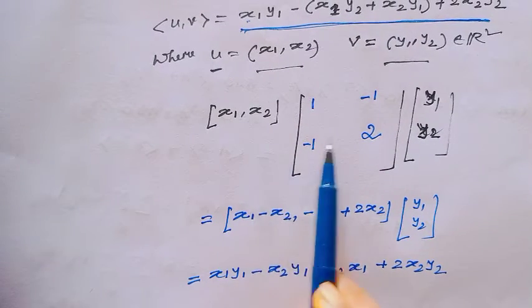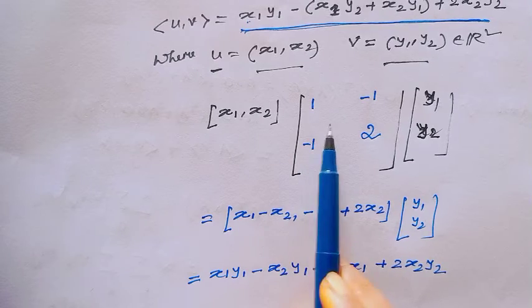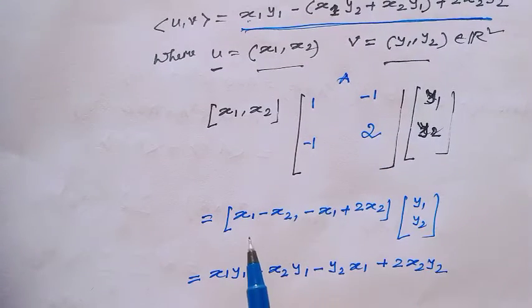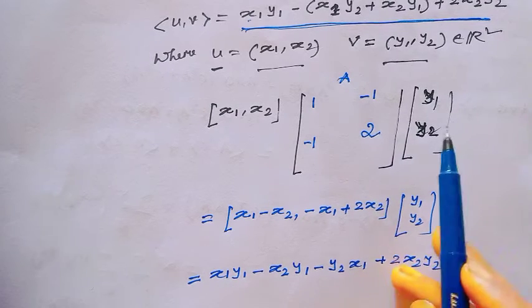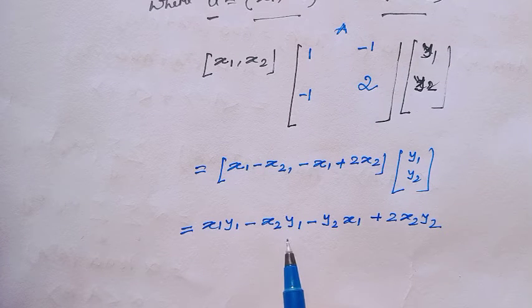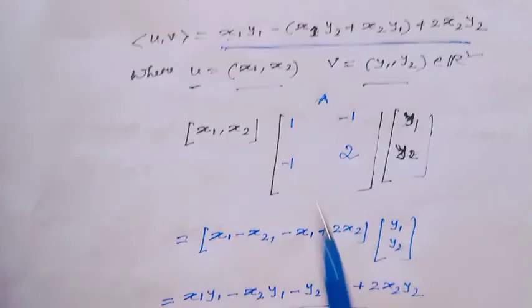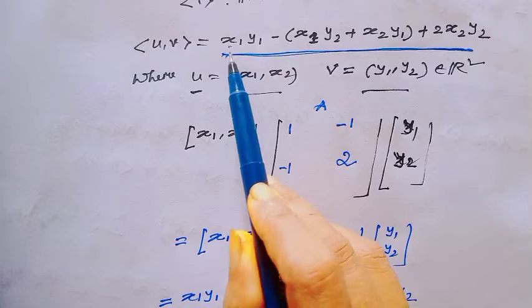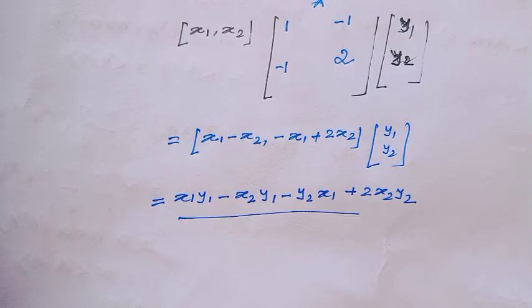Notice, if you first multiply x1 x2 with this matrix A, then this would be x1 minus x2 comma minus x1 plus 2 x2, times the column vector y1 y2. Then this would be x1 y1 minus x2 y1 minus x1 y2 plus 2 x2 y2, and notice this expression and the earlier expression are similar. We get how we can write this expression as a matrix.